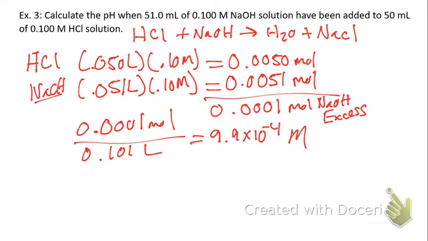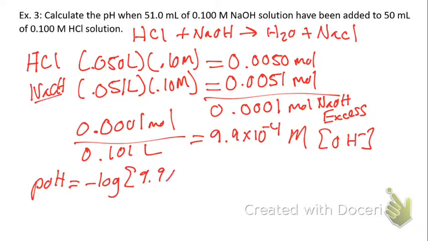All right. Now, this should be our base concentration, or our hydroxide concentration. So we can't find the pH directly, but we can find the pOH, which is equal to the negative log of 9.9 times 10 to the minus 4.